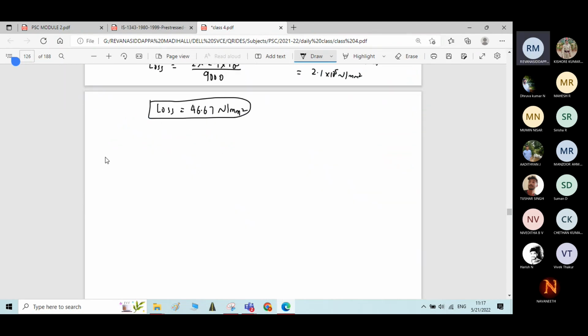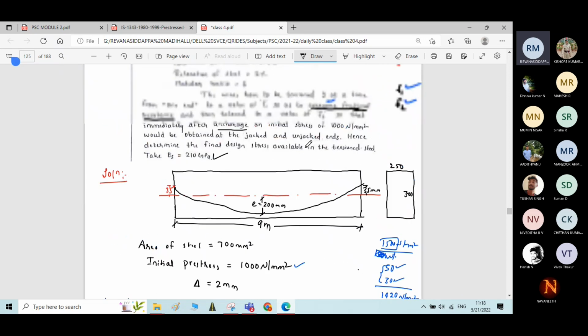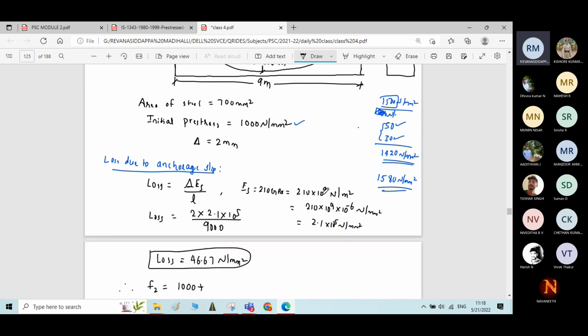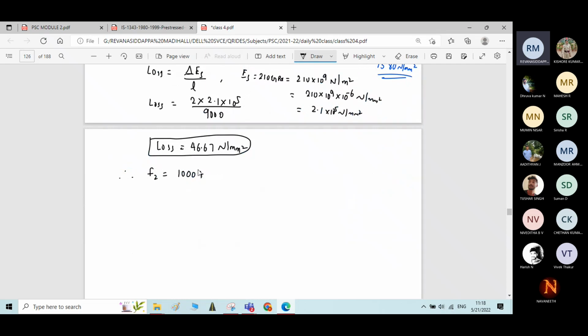Therefore, initial pre-stress F2 is equal to 1000 plus 46.67, which gives 1046.67 Newton per mm square.